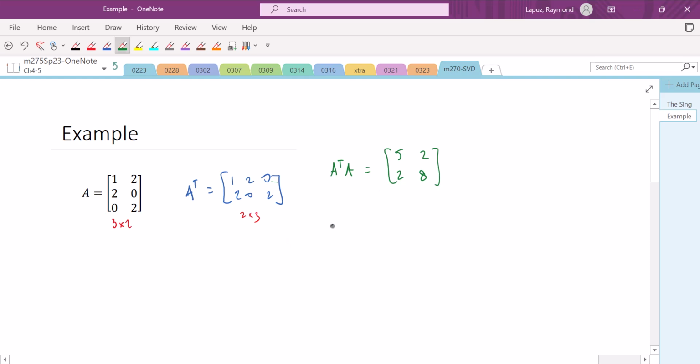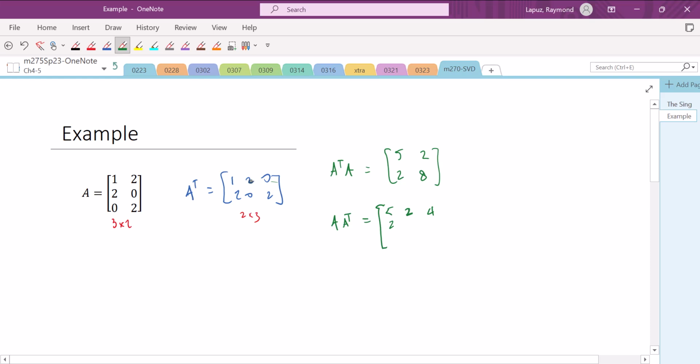All right, A times A transpose will end up being a 3 by 3 matrix. So 1 plus 4 is 5, and then we have 2, and then we have 0 is 4, and then second row, first column is going to be a 2, not a surprise because this is supposed to be symmetric.